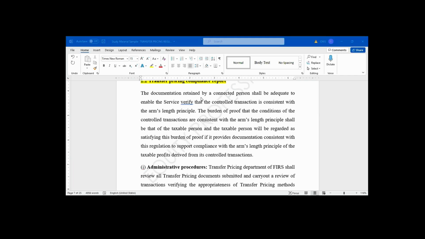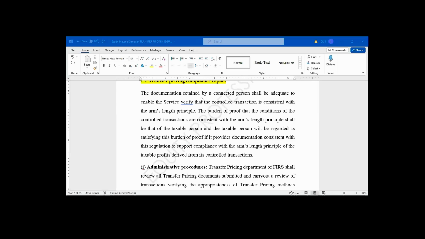It's done at fair value, at a fair price. There is no partiality on this. So the transfer pricing compliance report is a report rendered by the company to the FRS stating that the controlled transaction is consistent with the arm's length principle.